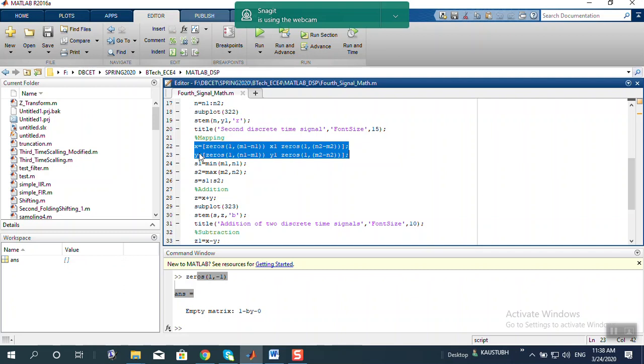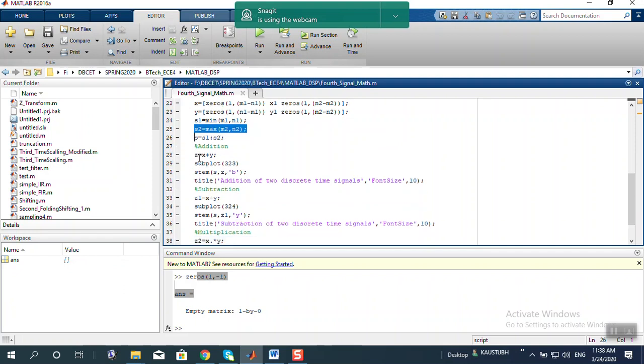So my new signal is, instead of x1 it is x, instead of y1 it is y, and the time scale will be the minimum of m1 and n1 to the maximum of m2 and n2, so s1 to s2. Now both the signals have corresponding values at each time index, and the length of the row vector is also the same. So simply you can add them.